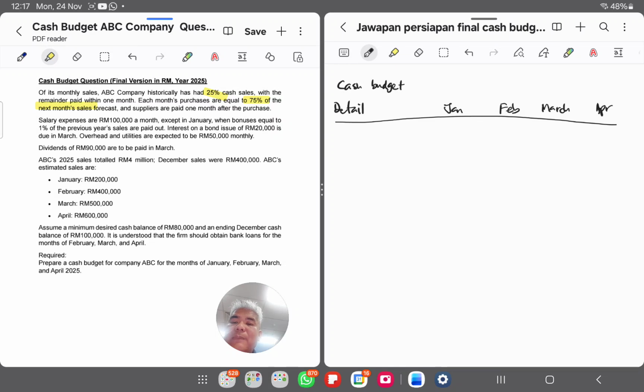And then the suppliers are paid 1 month after the purchase. For example, we purchase this month, then the supplier will be paid after 1 month. Then this is the receipt.